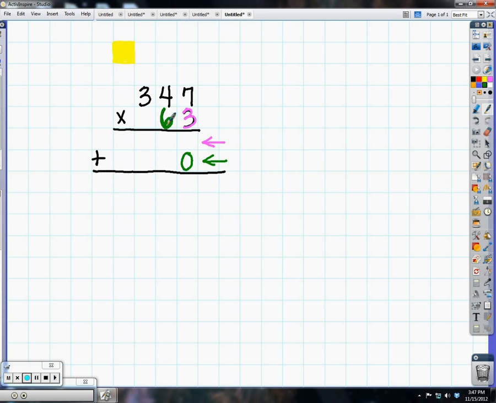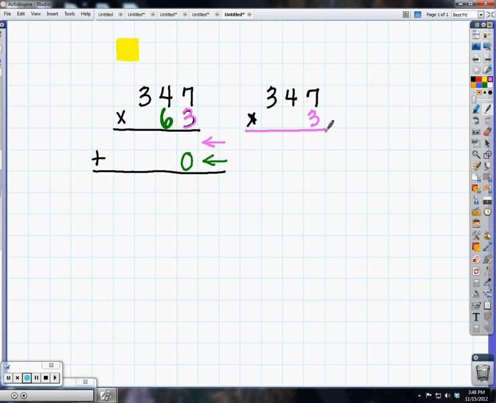Now, I've got my problem set up, ready to fill in the first line of work and the second line of work. So what I'm going to do is take my problem and break it down into two separate problems. The first problem is 347 multiplied by 3.